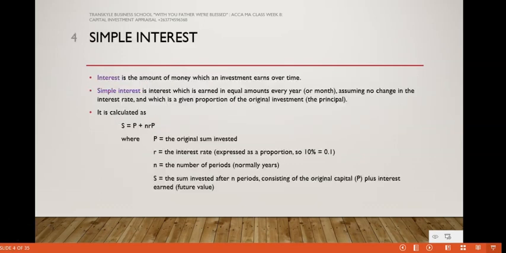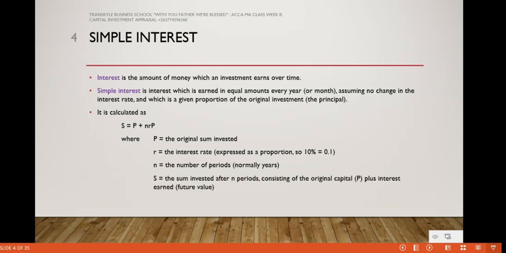Now we need to know about this thing called simple interest. Remember, as we have indicated, usually people prefer to keep their money within their reach. They want to have their money today rather than tomorrow.